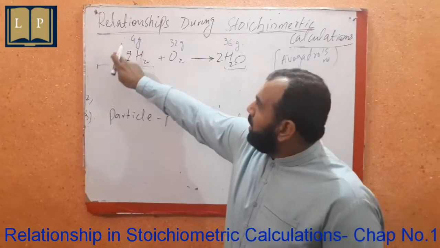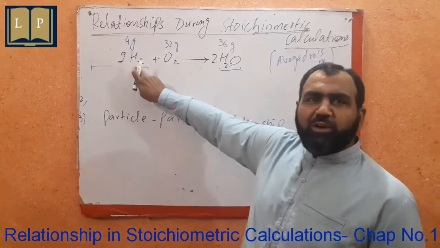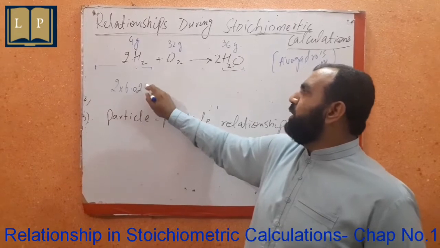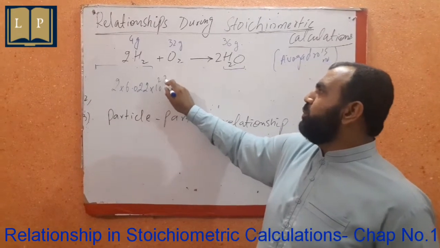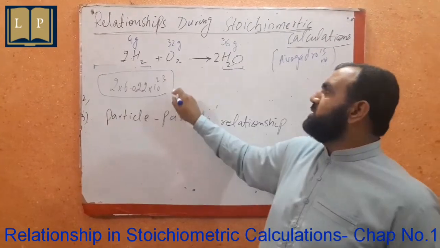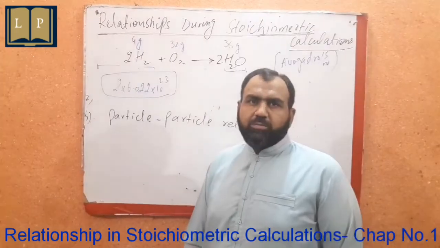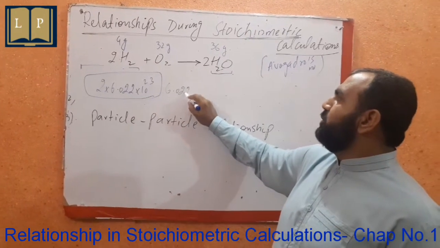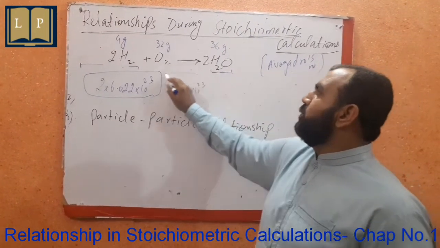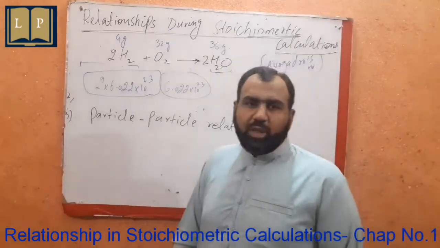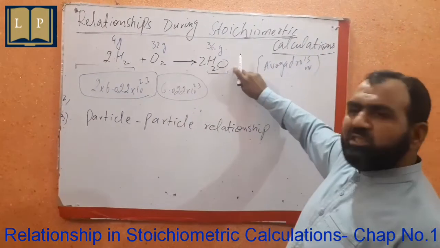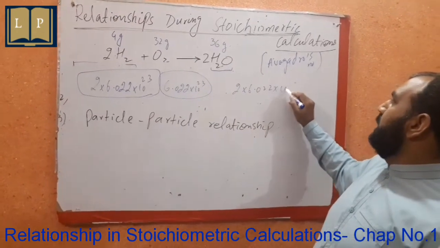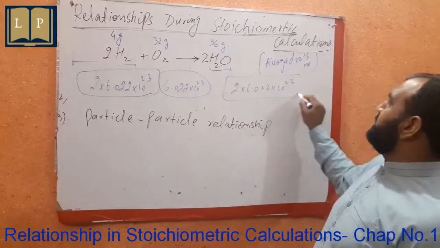So if we have 2 moles of hydrogen, it means we have 2 × 6.022 × 10^23 particles or molecules of hydrogen. And 1 mole of oxygen indicates that we have 6.022 × 10^23 particles of oxygen. And 2 moles of water production indicates that 2 × 6.022 × 10^23 particles of water are formed.